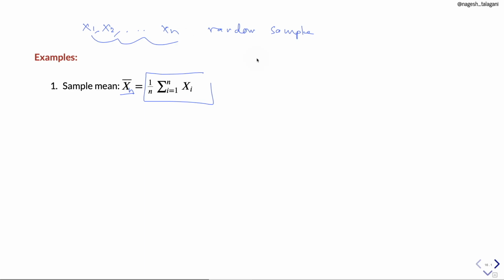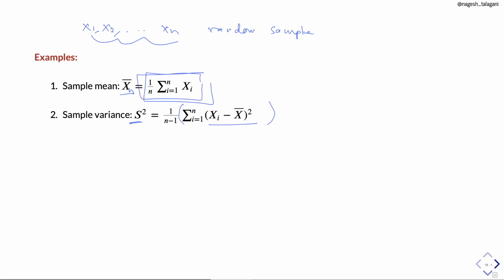Another example is the sample variance, which is denoted by S square, which is 1 by n minus 1 of summation i equal to 1 to n Xi minus X bar whole square. Here X bar is the sample mean. So the whole thing is going to be a function of X1, X2, Xn. So the sample variance is another example of a statistic for the population.